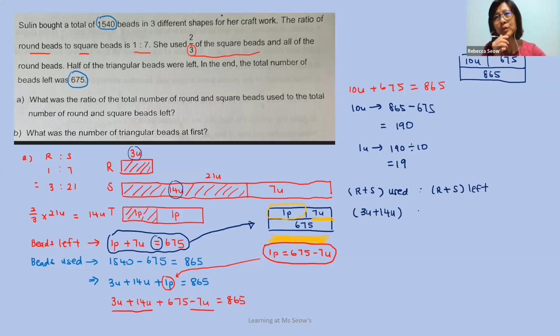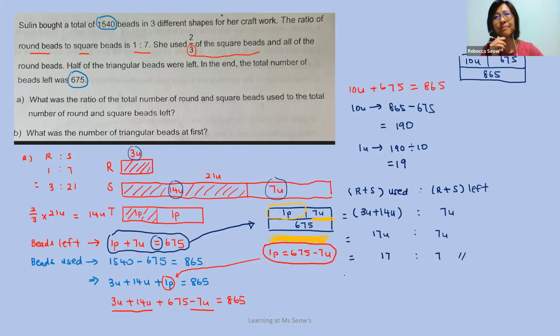Round and square beads left, we just have 7 units left. So summing up 3 and 14, that will be 17 units to 7 units. Let's reduce it because units are non-essential since they are the same on both ends of the ratio. So it's 17 to 7.